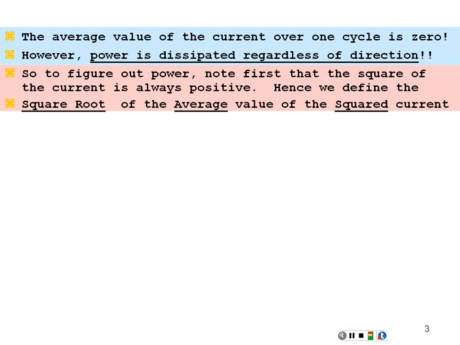Square the current, get a positive value, average that, and then, feeling guilty, we mitigate the fact that we squared things and take the square root. And we'll have something that represents the current that possibly we could use to help us represent power. So we have the square root of the average of the squared current, which we call the root mean square. The root mean square.